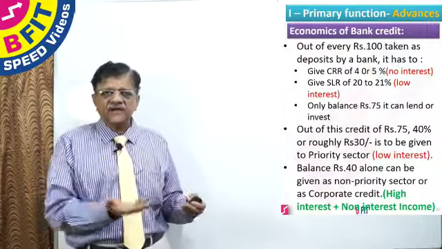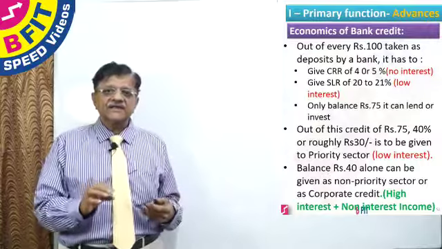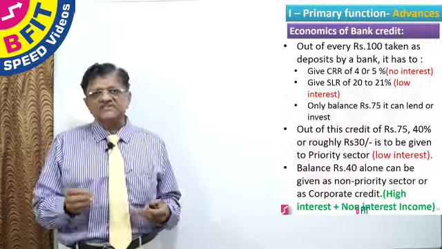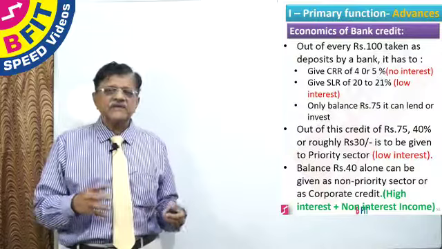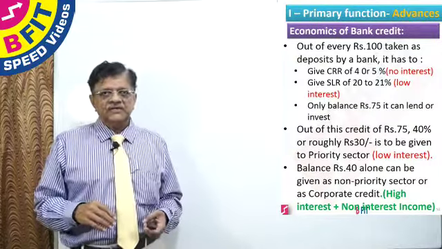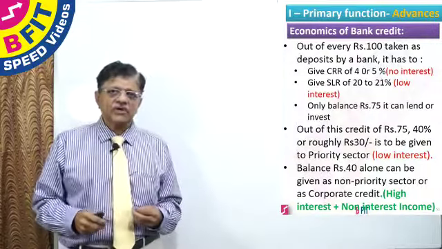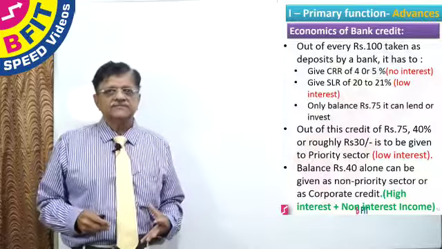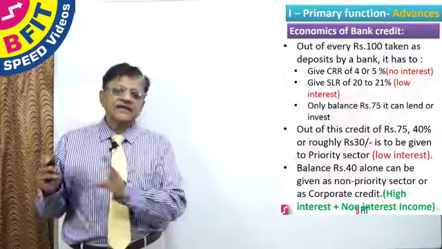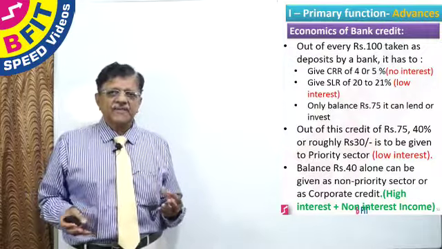Suppose you open a letter of credit or you open a guarantee, you get a non-interest commission, which is a very good non-interest income, a commission which will boost the bank's bottom line. Therefore, finally only something around 40 rupees is left to the bank to give corporate credit or any other high yielding credit. So this is the basic economics of bank advance.